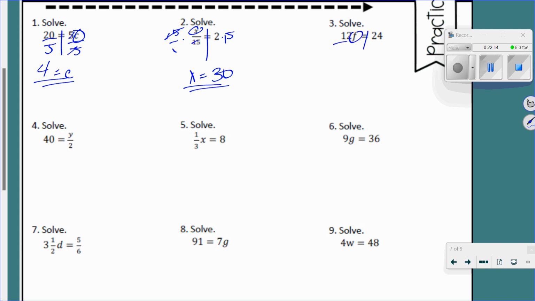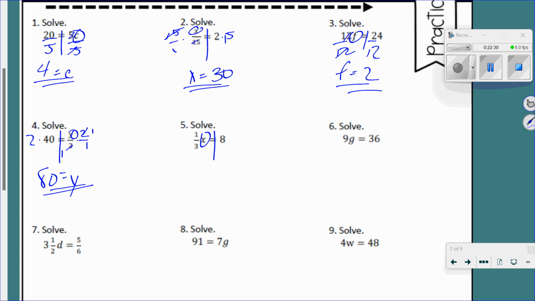Excuse me. Multiply by 2. Y equals 80. Multiply by 3. Goes away. X equals 24. Divide by 9. Goes away. G equals 4.